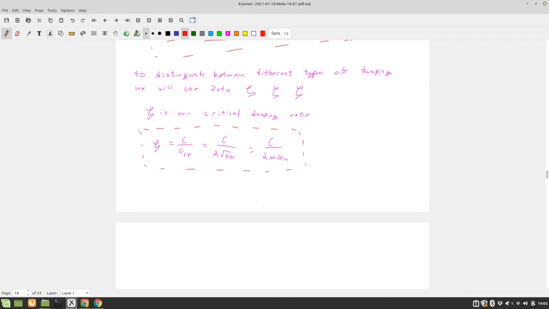It's all the same, just kind of different ways to look at this. So let's go ahead and put zeta there. Okay, let's put zeta into our characteristic equation.